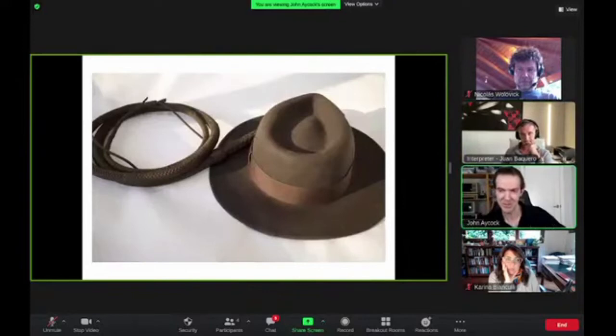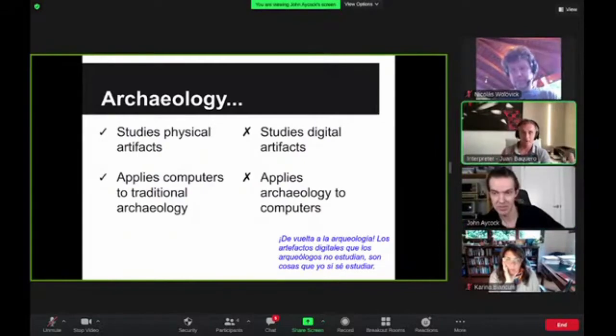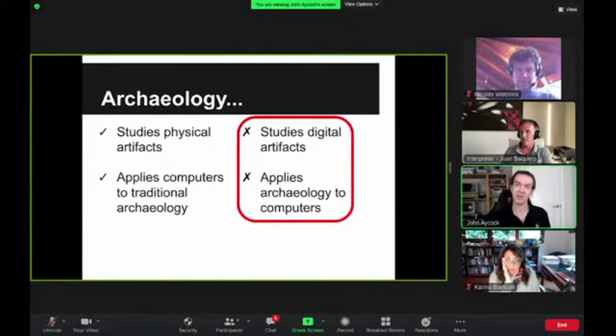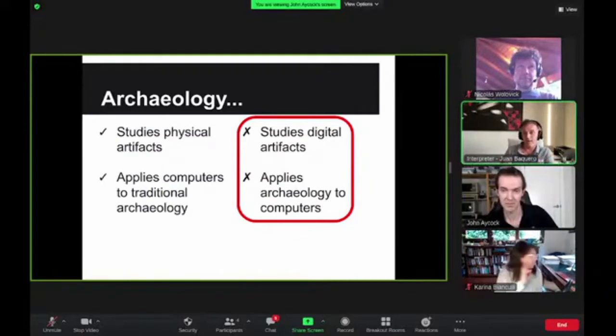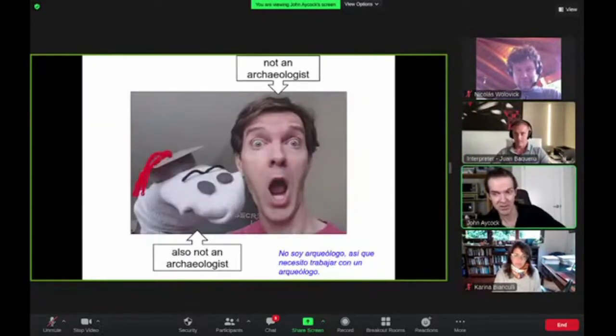Okay, let's revisit this. I am still not an archaeologist, but there are things that archaeology as a field does not do. The things that archaeology does not do, studying digital artifacts and applying archaeology to computers, these are things that I can do. But I can't do it alone because, as I may have mentioned, I am not an archaeologist.